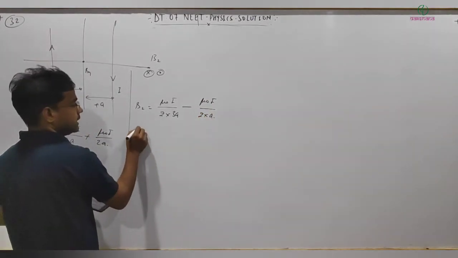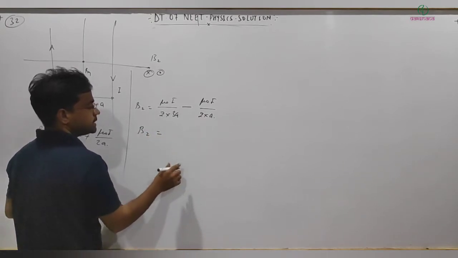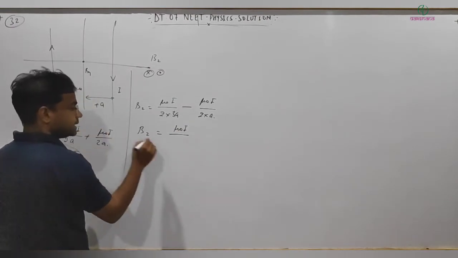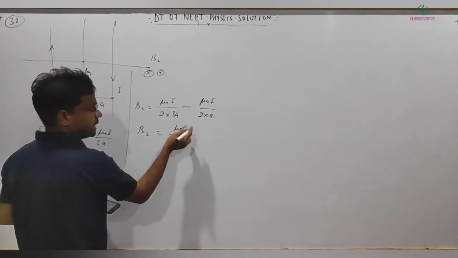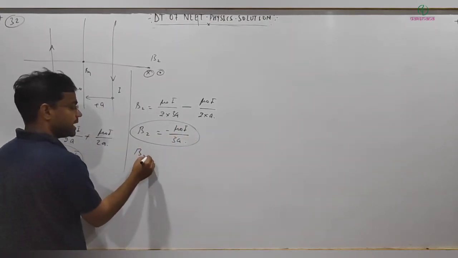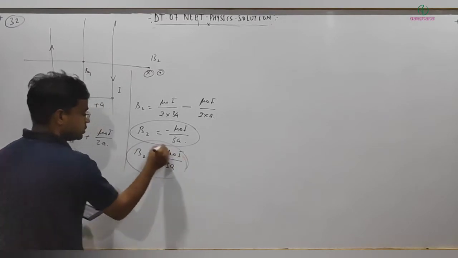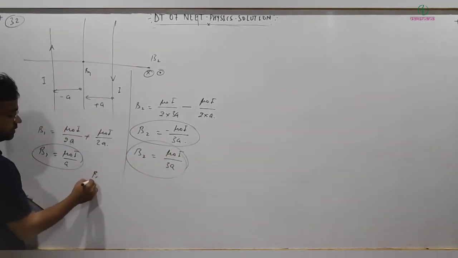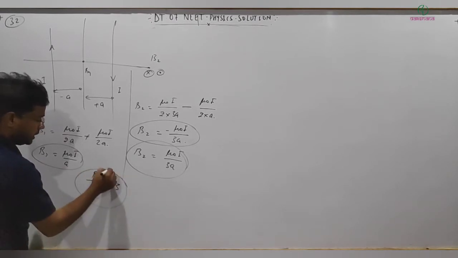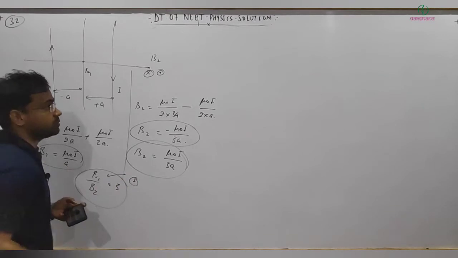Simplifying it, B2 is equal to mu naught into I divided by 3a in magnitude. So from here, B1 divided by B2 simply comes out to be 3. That is option number 1.